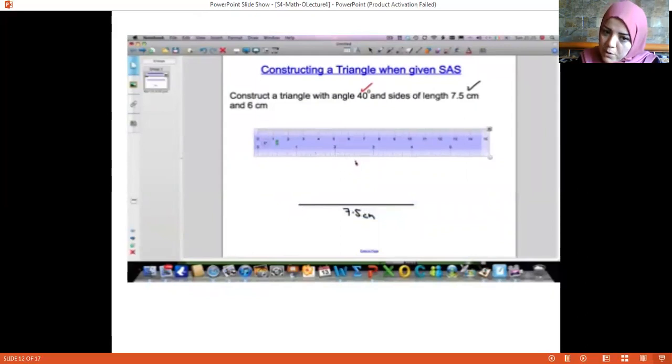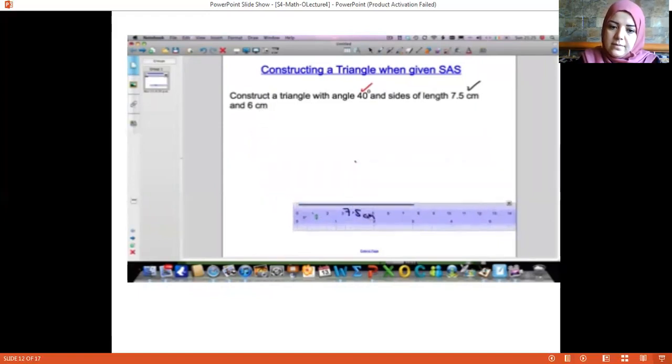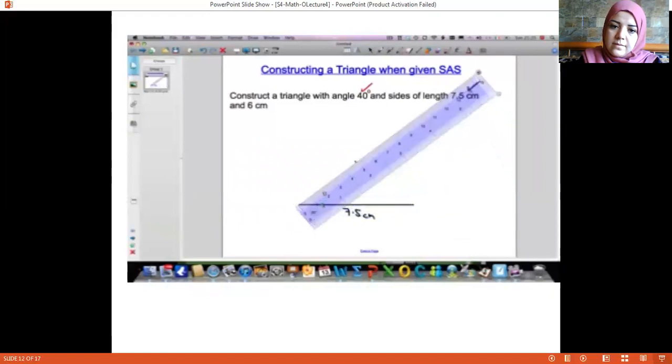And it passes through the point, but I need it to be 6 centimeters. Don't forget it's 6 centimeters. You should make it.